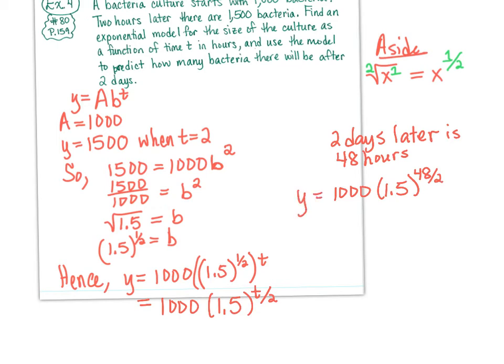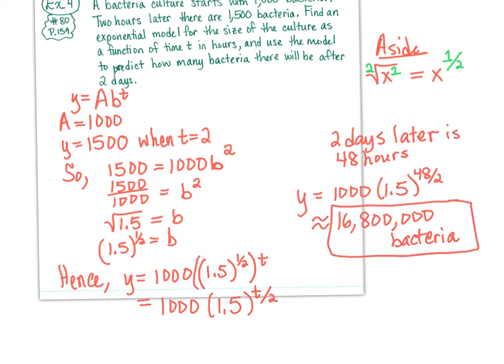So when you enter that into your calculators, you get that's approximately 16,800,000 bacteria. It's a lot. What questions do you have?